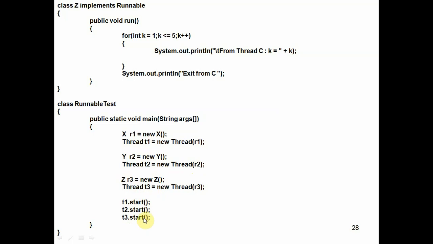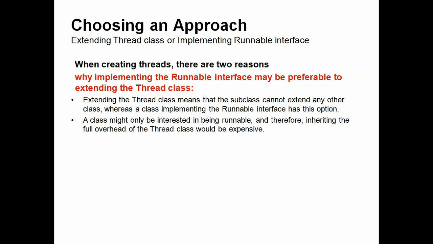Like this we can create multiple threads by implementing the Runnable interface. So these are the two ways for creating threads. One is by extending the Thread class, another is by implementing the Runnable interface. Then choosing an approach: either we extend the Thread class or implement the Runnable interface for creating multi-threaded programs.